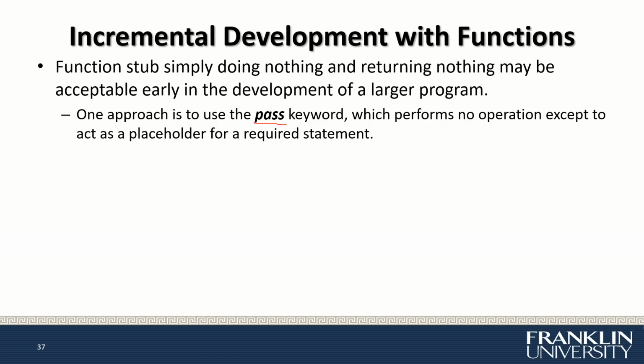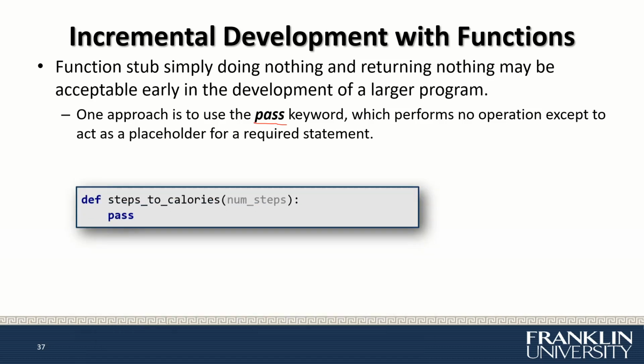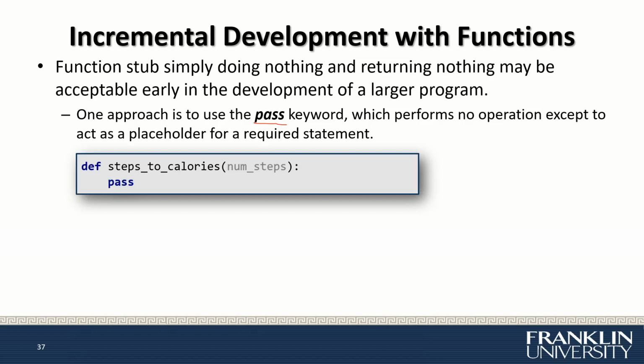It just makes the function that I showed before syntactically correct, like this here. Step to calorie: I don't know what to do yet, but I put a pass. This made the function syntactically correct, make Python happy at least, and then you can work on other development.